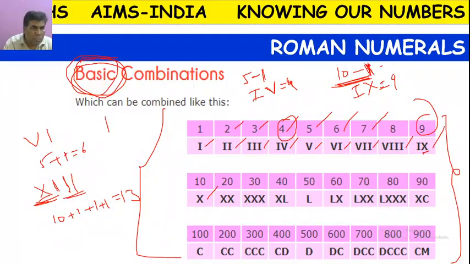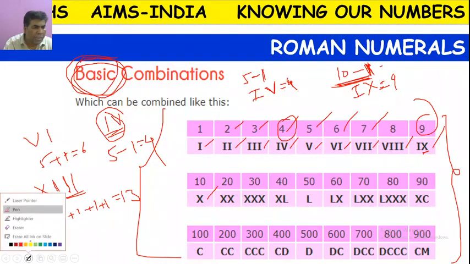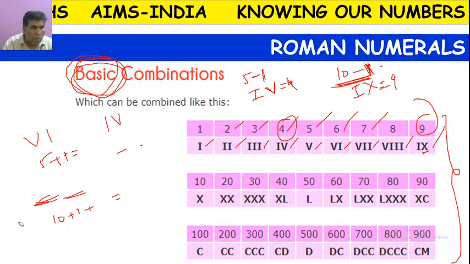When a smaller number is written first and a bigger number after, then what do we have to do? We have to subtract the smaller number from the bigger number. Once again, children, I am repeating. Please listen carefully.